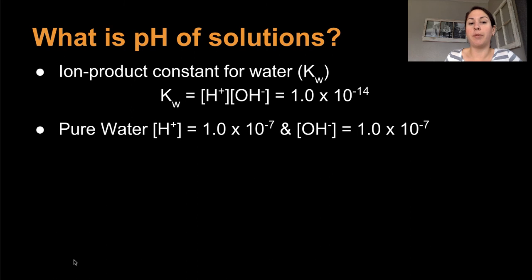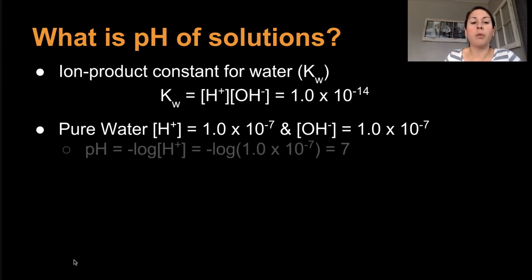Pure water happens to have 1 times 10 to the negative 7th hydrogen ions and 1 times 10 to the negative 7th hydroxide ions. That would be the concentration for them. And so what we find is that pH is the negative log of hydrogen ions, and if we plug in our value for pure water, we end up with a pH of 7.